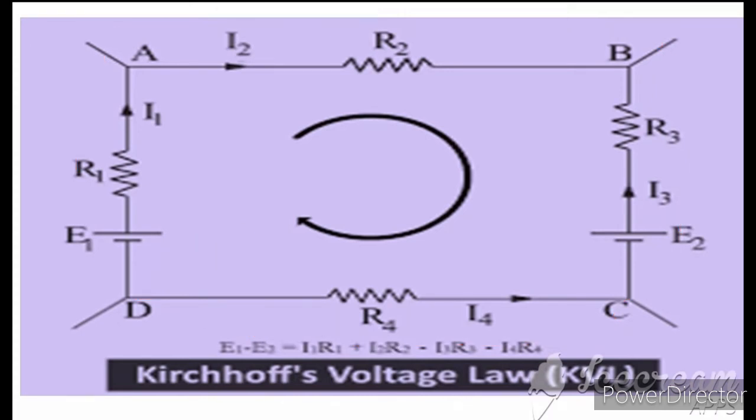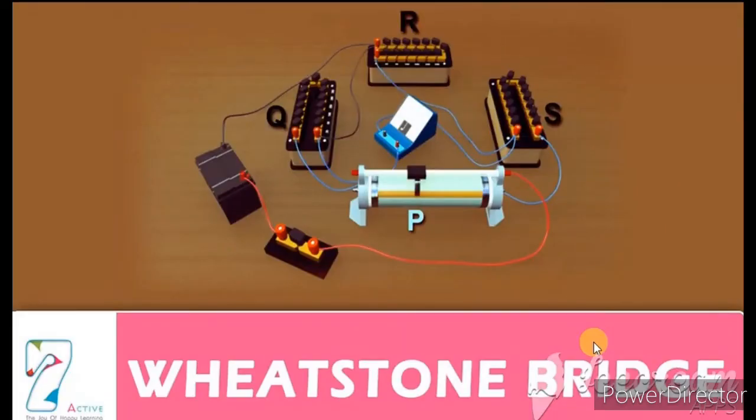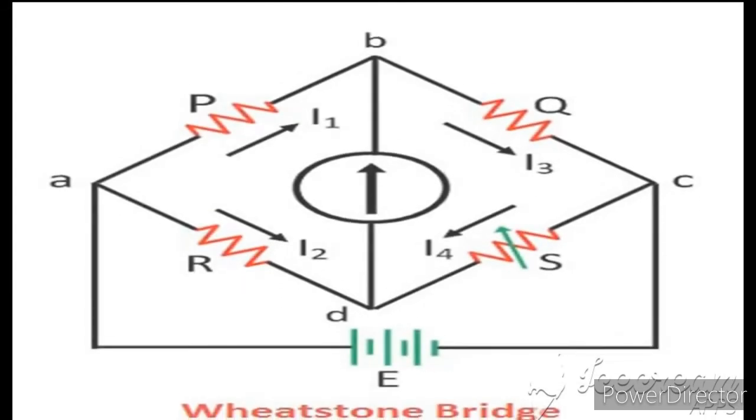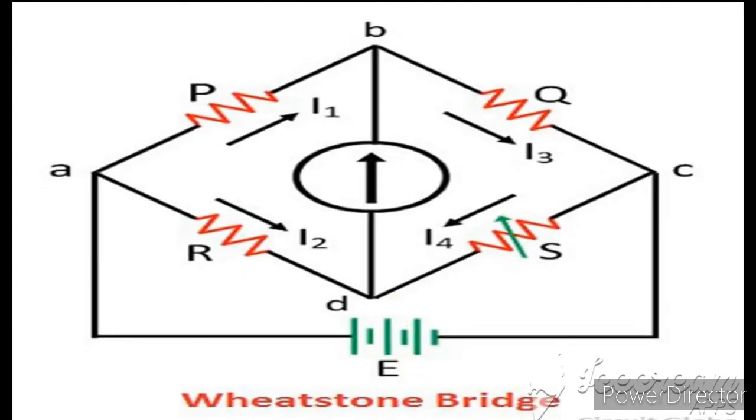Next we are going to see Wheatstone's bridge. Wheatstone's bridge is a very, very important application of Kirchhoff's law. So we will consider both the first as well as the second law here. For considering the Wheatstone's bridge, let us consider four resistances.